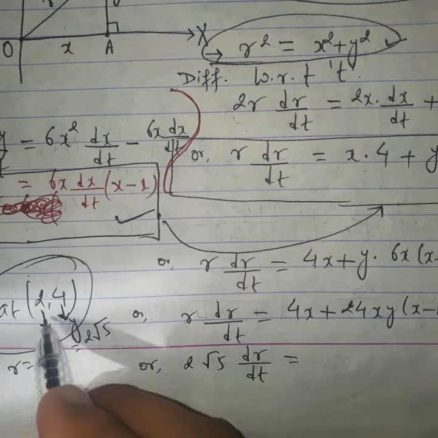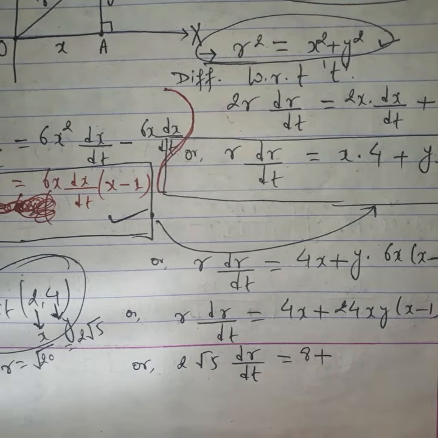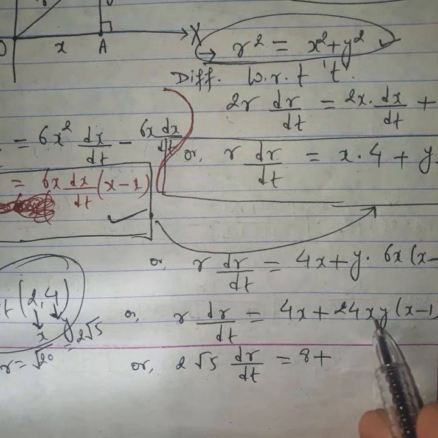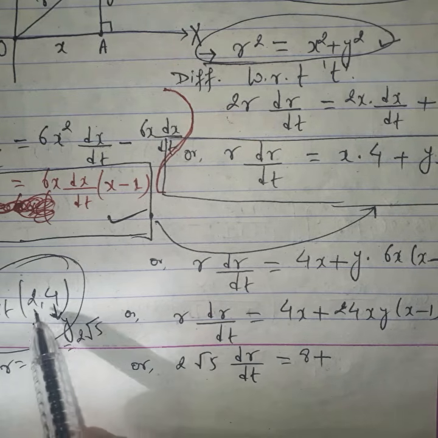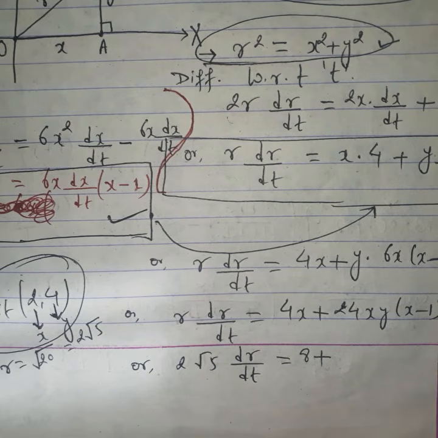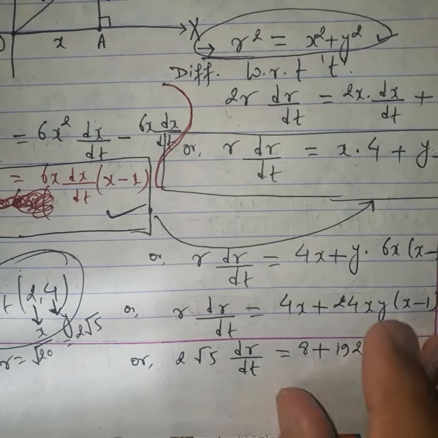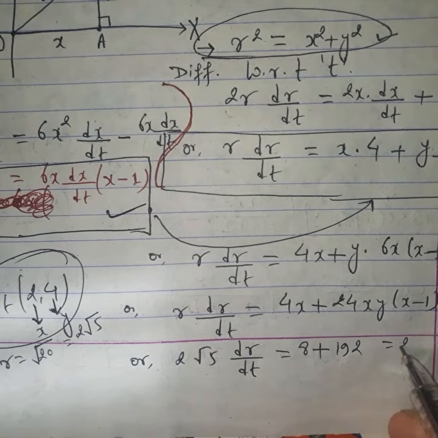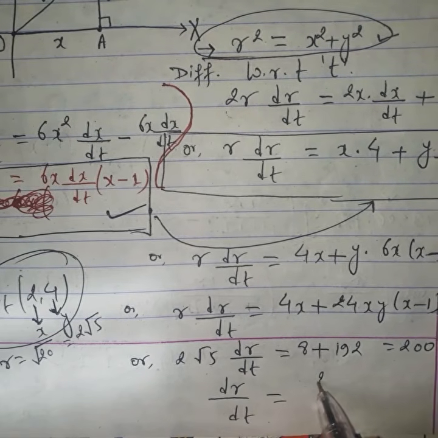The value of x is 2, so 2 times 4 gives 8, plus 24 times x times y, which is 8, times x minus 1, which is 2 minus 1, is 1. So 24 times 8 gives 192, and 192 plus 8 gives 200. So 2 root 5 times dr over dt is 200.